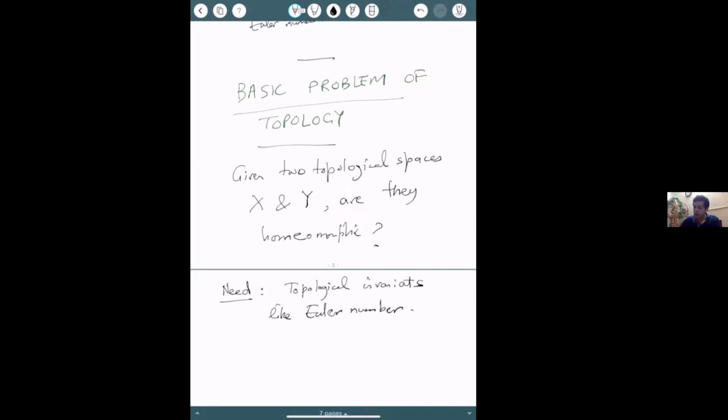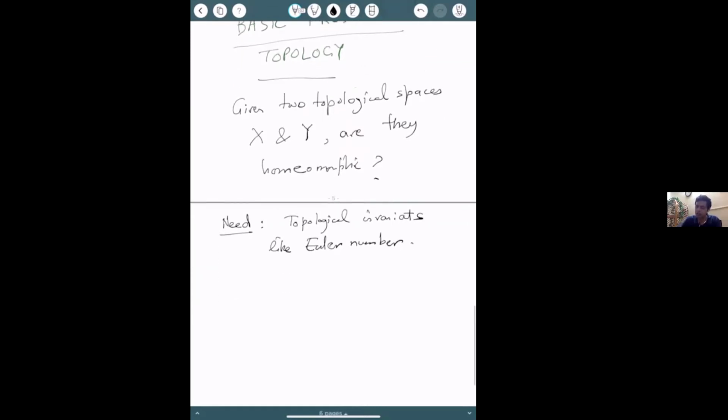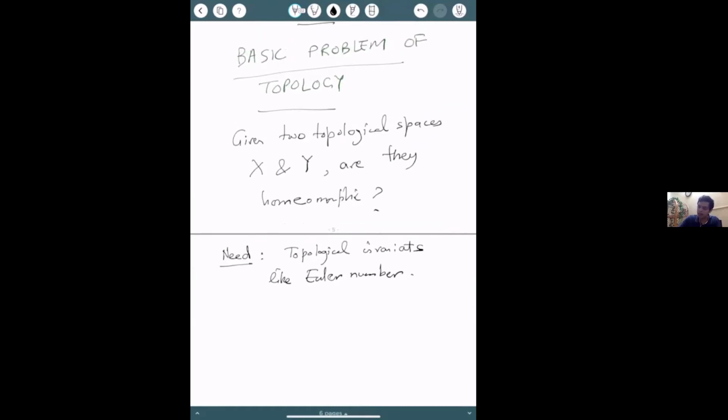Before I mention some more examples of topological invariants, let me say a little bit about why we care. You have this notion of topological spaces, open sets, and so on. Why do we care whether things are homeomorphic or not?